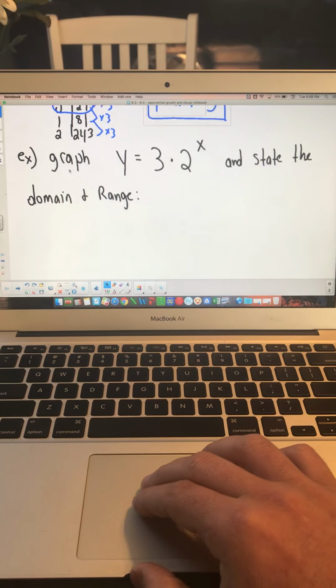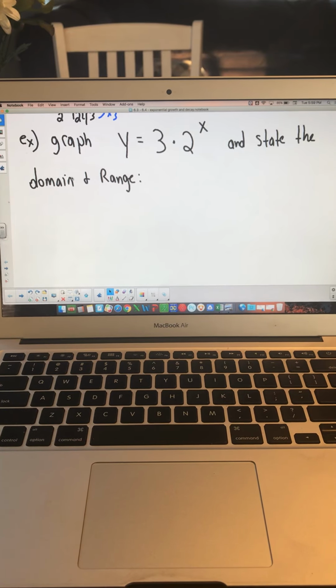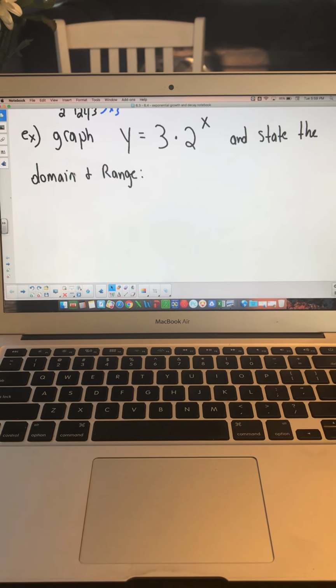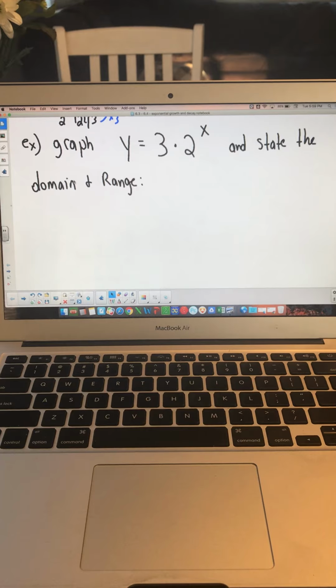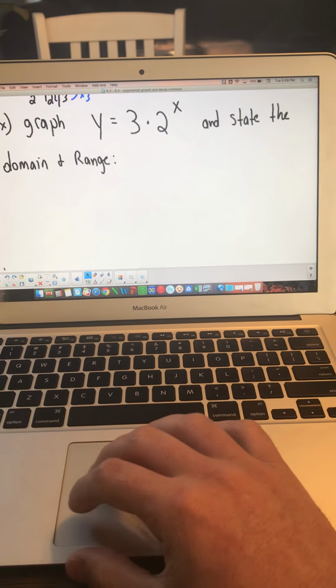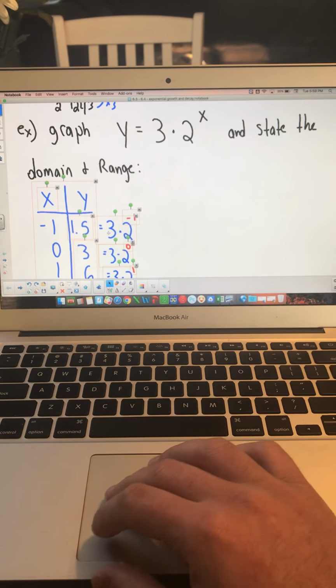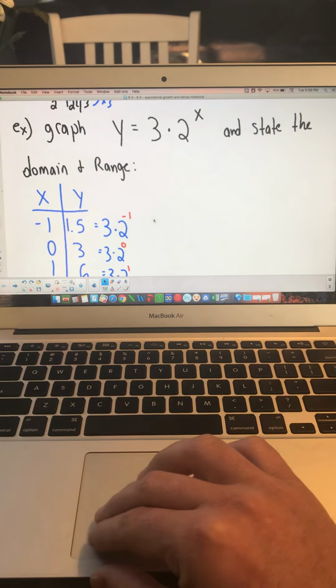Next, we're going to graph this function now. It's exponential growth. What did we say before? With exponential growth, we always need an x and y chart. We're always going to use -1, 0, and 1.